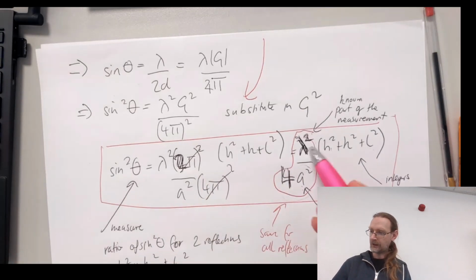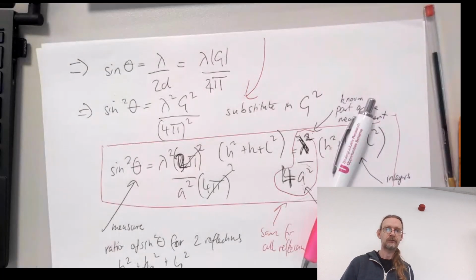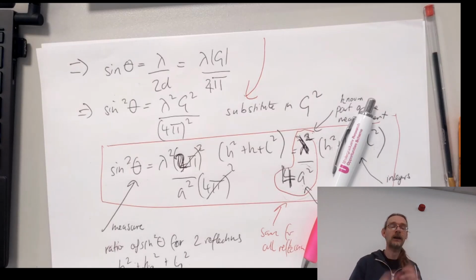So if I take my spreadsheet, we need to find out the... Okay, and it tells us in the question that lambda is 0.154 nanometers, which you can see is 1.5 angstroms, which is of the order of a lattice spacing.